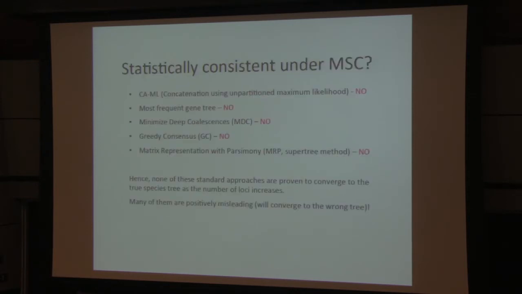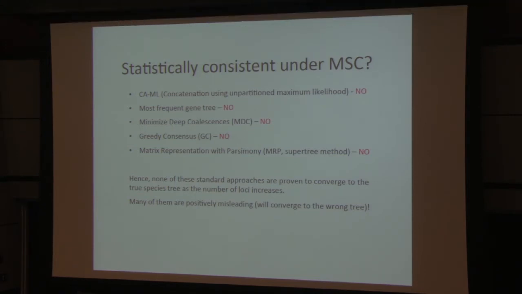So what methods are statistically consistent? Nothing that you would think about. Not concatenation using maximum likelihood. Not the most frequent gene tree. So what do I mean by that? You've sampled all of your genes, right? And you've gotten trees on all of your genes. And then you look at them and you say, well, which one happens the most often? I'll just go with that.